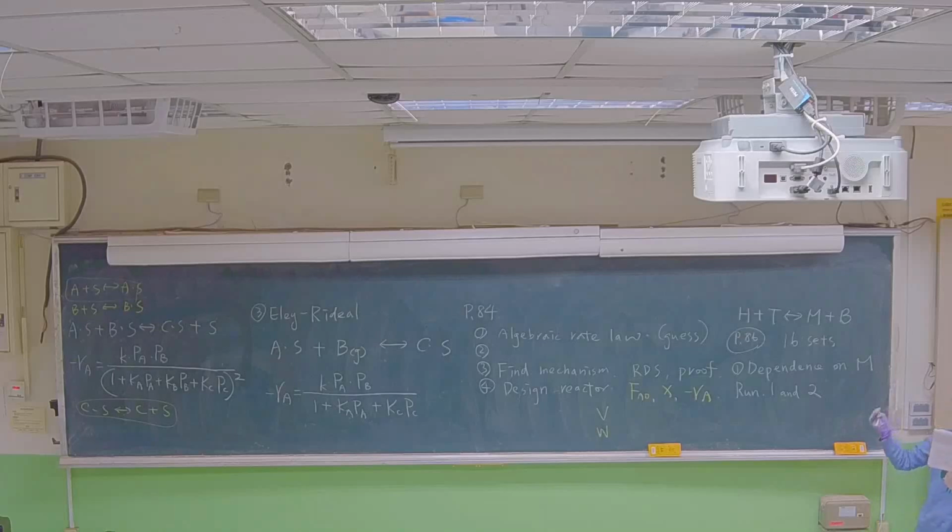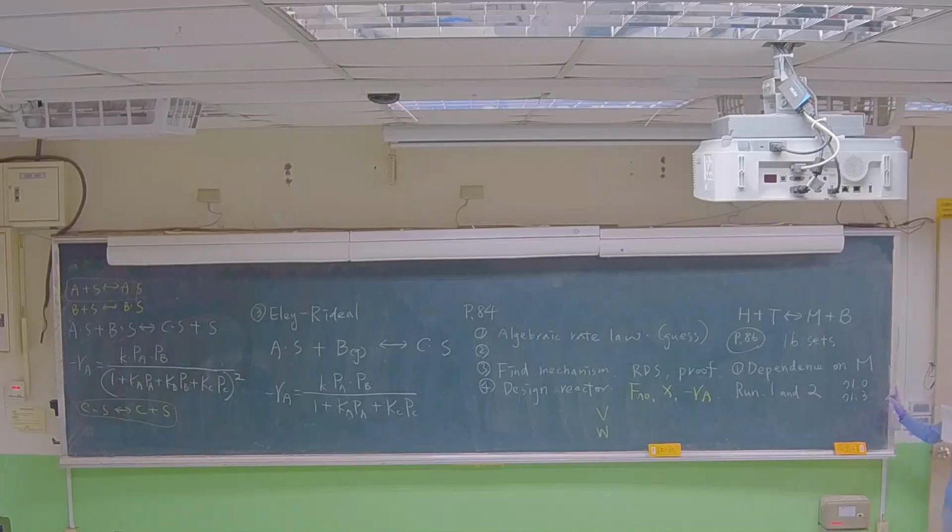But how about minus RT prime? The second column shows you the minus RT prime, right? It is 71 and 71.3. They are the same, okay? Even if that is 0.3, because that is experiment, so you can tolerate a little bit different. So 71 and 71.3 are the same.